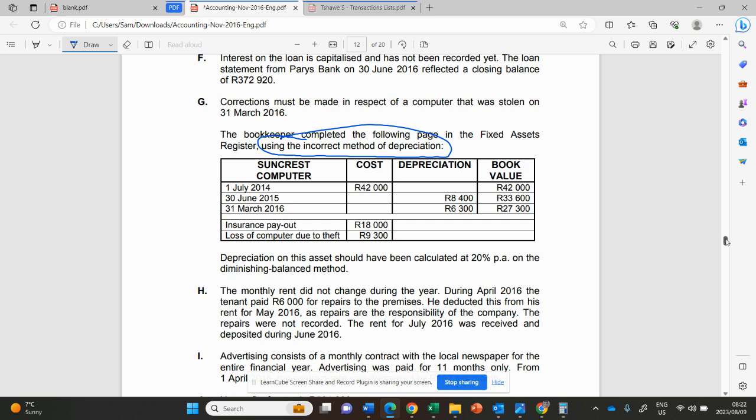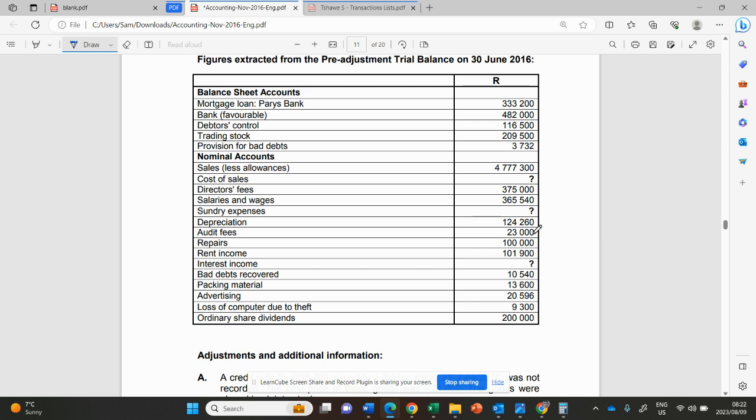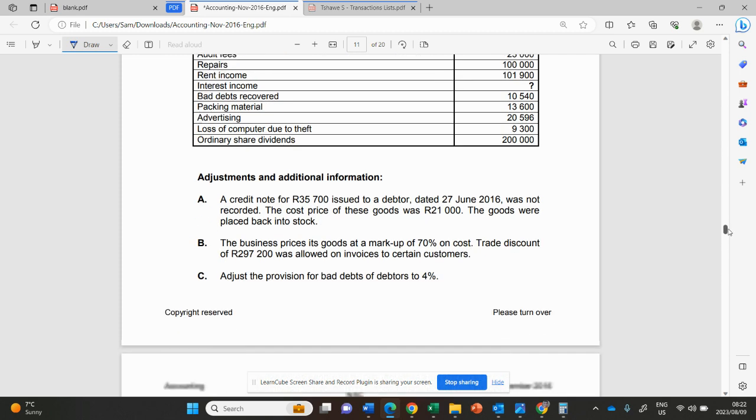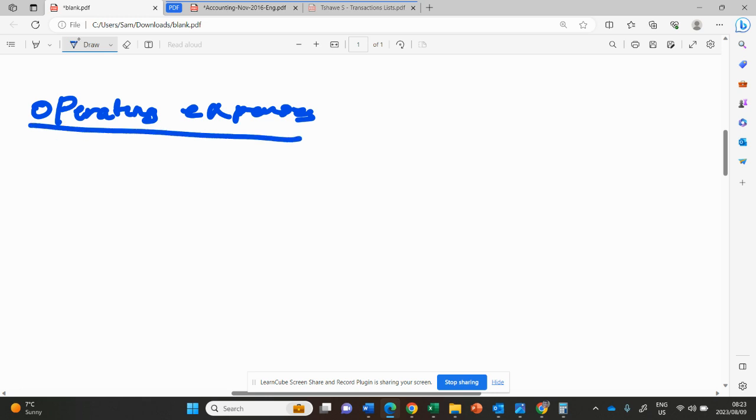We are given the depreciation that was calculated, so this depreciation includes some of the incorrect figures calculated by the bookkeeper for the computer that was stolen. So first, when you do the income statement, under operating expenses, you say depreciation, and you open brackets.